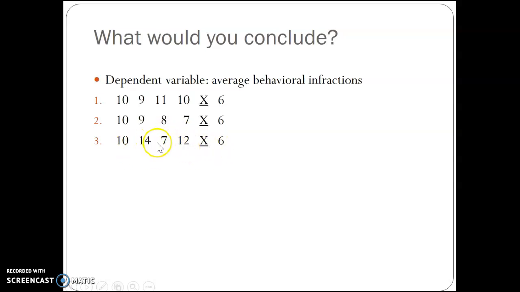Which one gives you the most confidence that the group you ran is most effective? Number 1 of the 3. Number 1 appears to be the most effective because you have confidence that it was pretty stable, and then your treatment was introduced, and then the behavioral infractions went down.